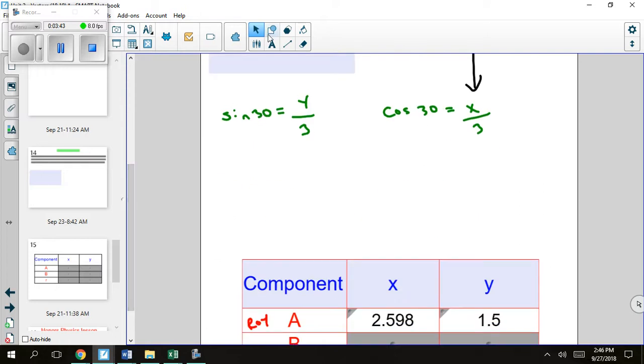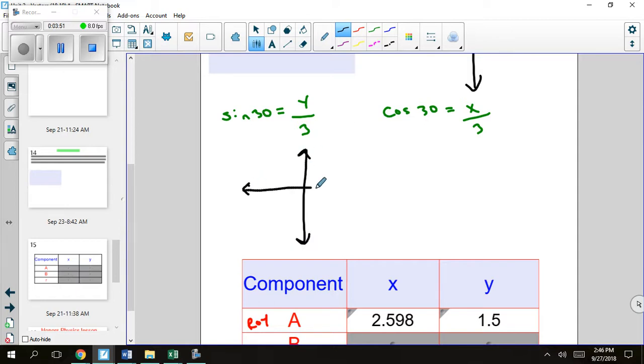So Sally, hers is a little different. Sally walks 4 miles at 20 degrees west of north.